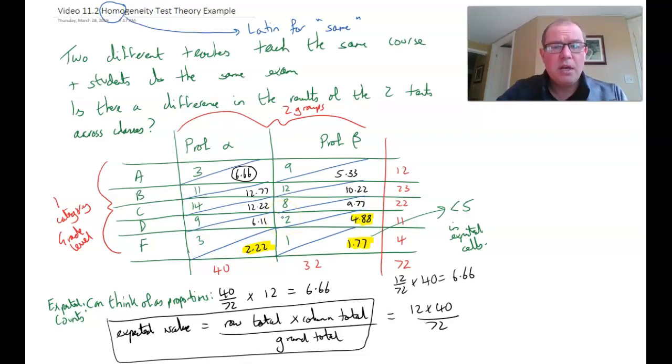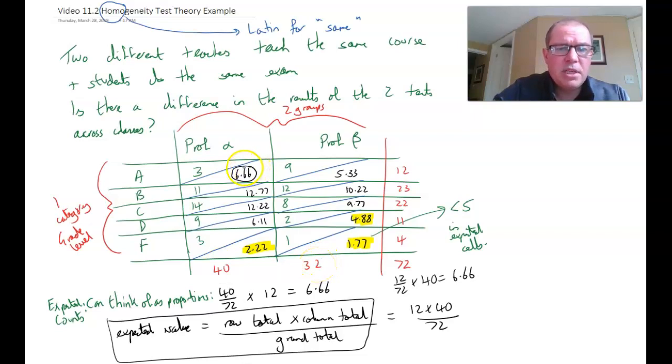So the first thing to do is to work out the expected counts if they were in fact equal at marking, which is what we're going to assume under our null hypothesis. To work out the expected counts, you can think of proportions. We've got 40 students in Professor Alpha's class and 32 students in Professor Beta's class.